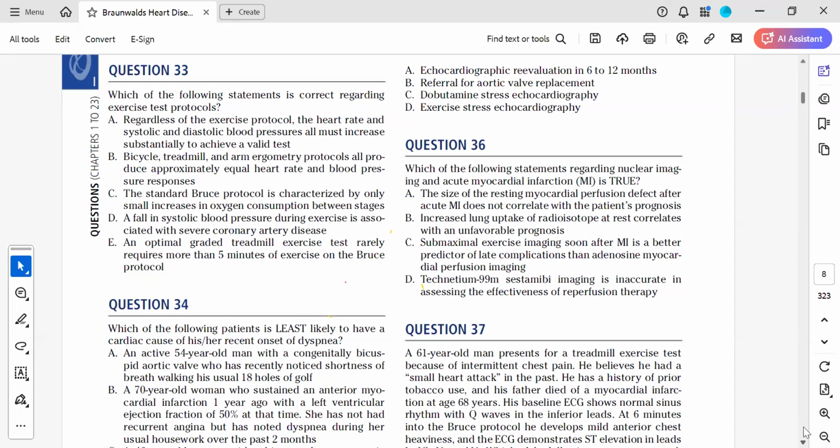So the ACC/AHA guideline on valvular heart disease recommends that in patients with suspected low gradient severe aortic stenosis, the next stage is to measure the aortic valve calcium score via CT imaging. This helps us to make a definitive diagnosis on the severity of the aortic stenosis.